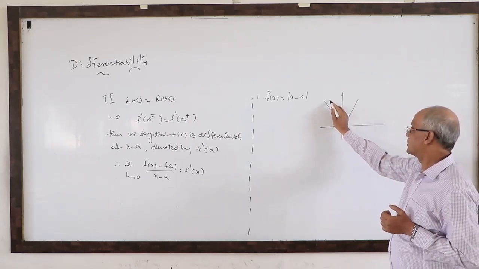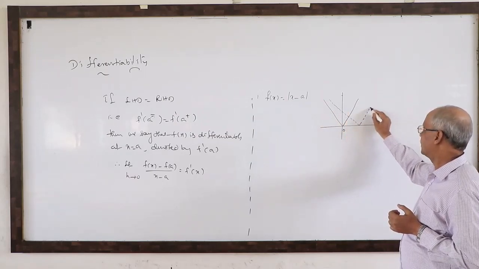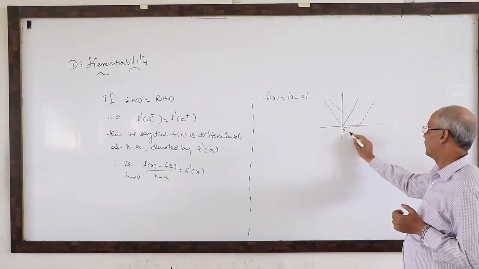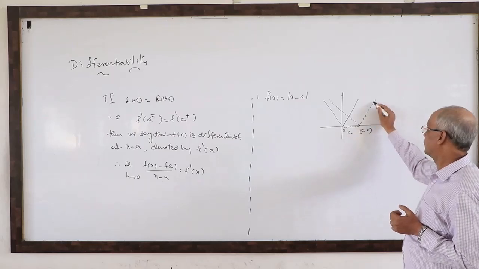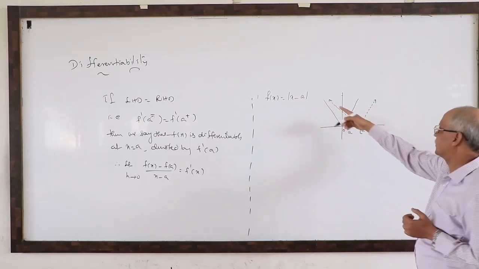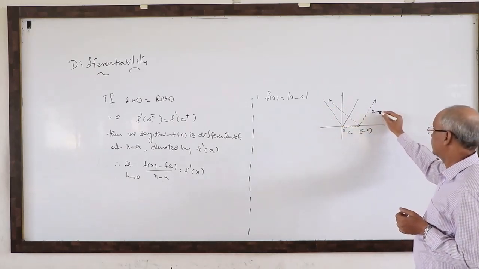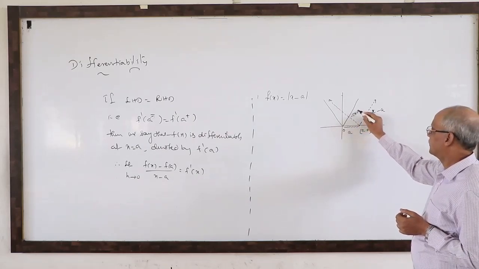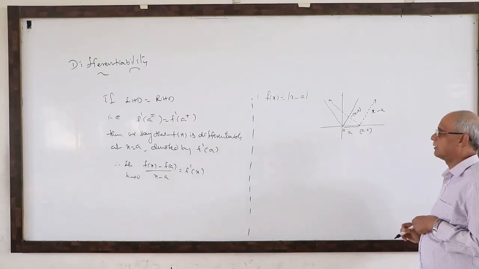Minus a units, therefore the graph goes right hand side by a units, to the point a, 0. Therefore, this graph is called modulus of x minus a. Positive means on the right hand side it is x minus a, on the left hand side minus of x minus a. When it is negative, it means minus x plus a.